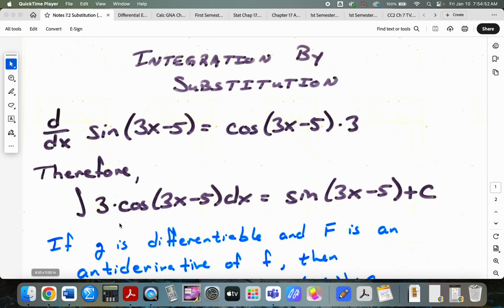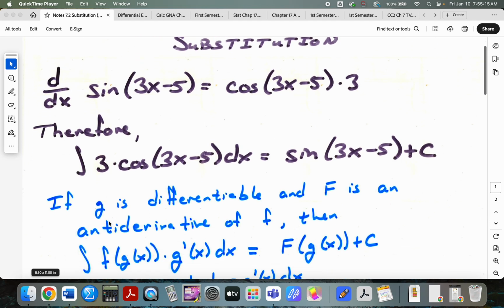The integral of 3 times cosine of 3x minus 5 dx would be sine of 3x minus 5. Notice the 3 goes away, right, when you take the antiderivative, because the 3 was born from the chain rule. And so when we take the antiderivative, that 3 goes away.